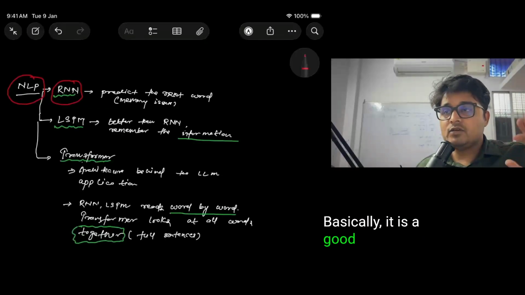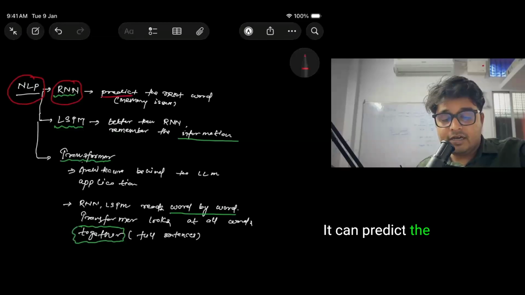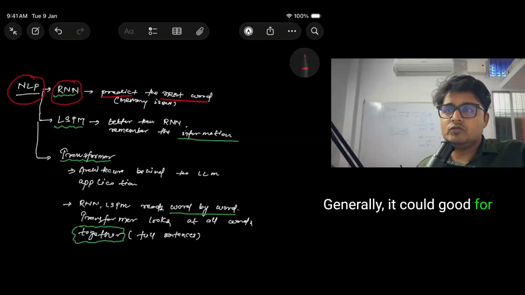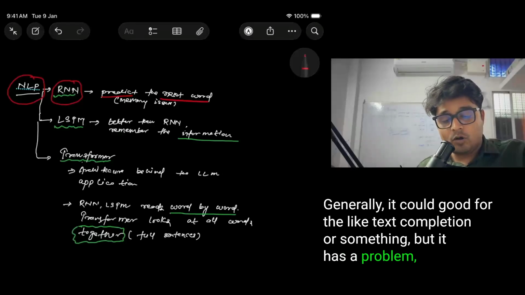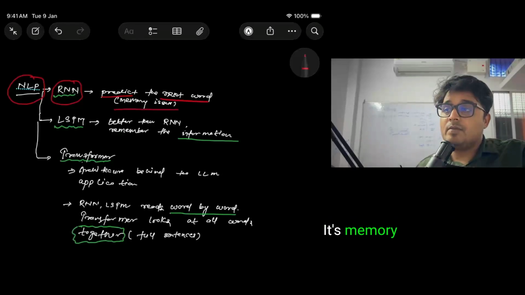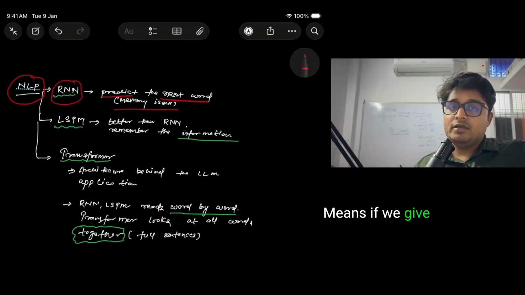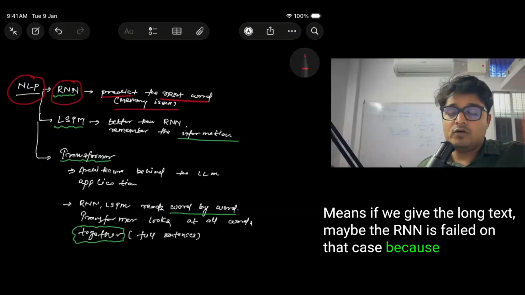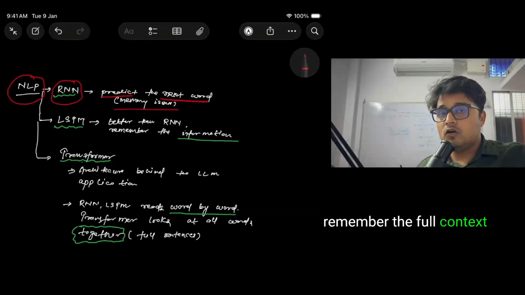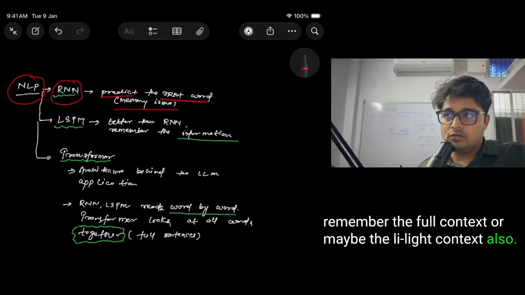It is a good architecture that can predict the next word, generally good for text completion. But it has a problem, guys: a memory issue. If we give it a long text, the RNN may fail because it cannot remember the full context, or maybe even a light context.